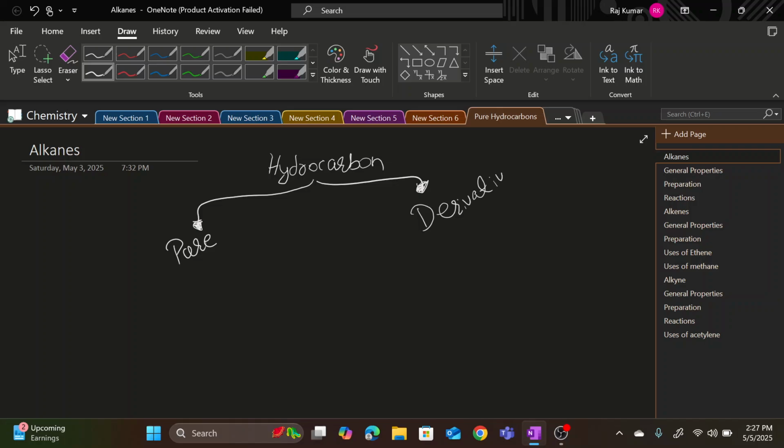If you take the pure hydrocarbons, these are hydrocarbons which are purely made up of carbon and hydrogen. There's no other atom or element used, only carbon and hydrogen.